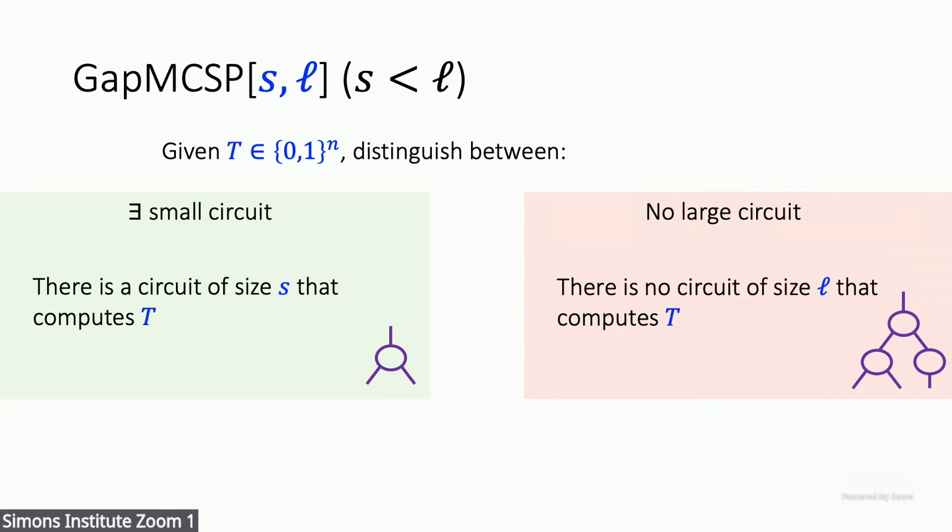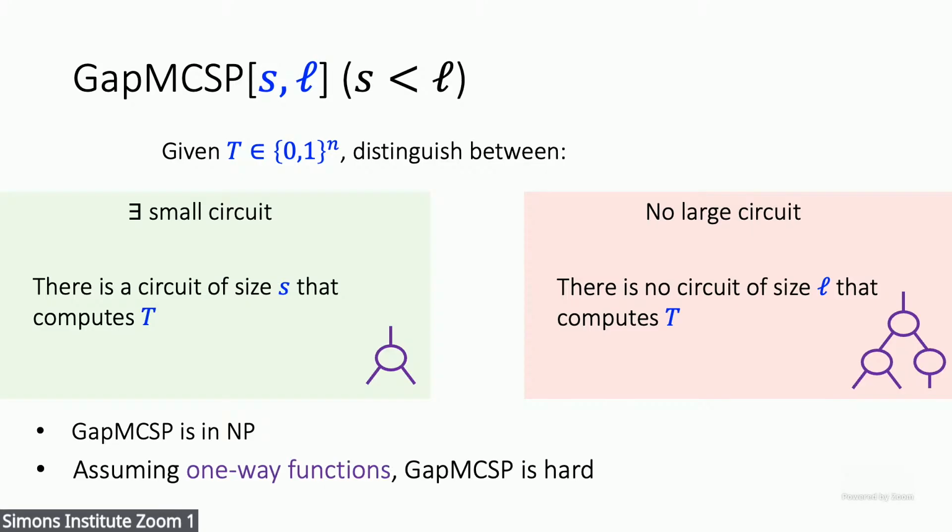It's not hard to see that this problem is in NP, because the witness to this problem is just the small circuit that computes this function. The input is the truth table, so we can run in polynomial time in the truth table length: we can just enumerate over all possible inputs and check that the circuit computes the right function. So this problem is in NP. And also, if we assume cryptography, if we assume one-way functions, then this problem is hard.